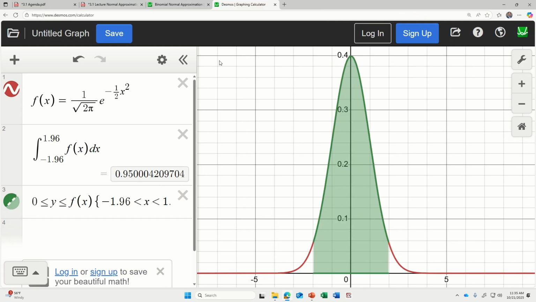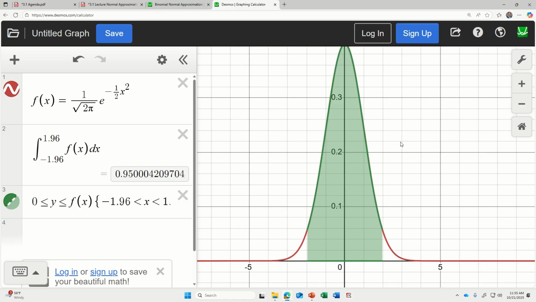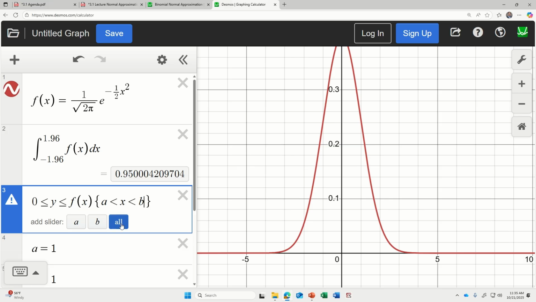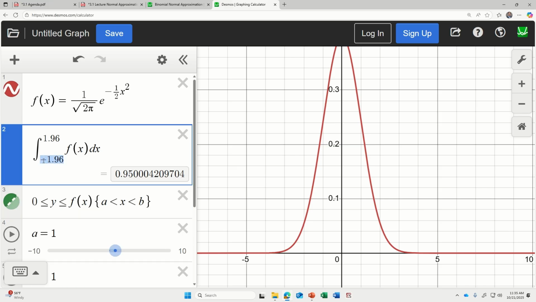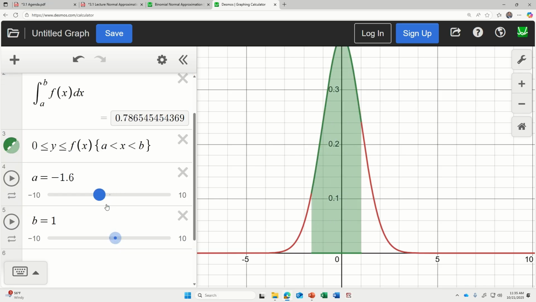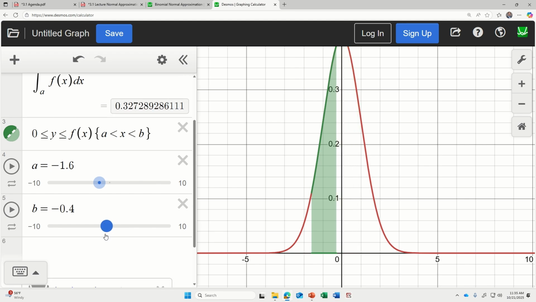Under the normal distribution, we talk about the probabilities as being the area under the curve. So the probability of getting an outcome between negative 1.6 and negative 0.4 would be the area of this green shaded region.